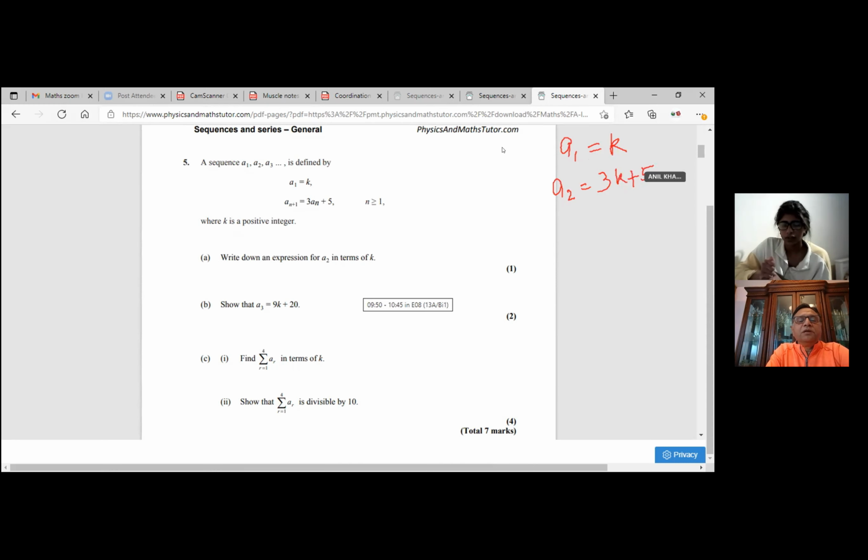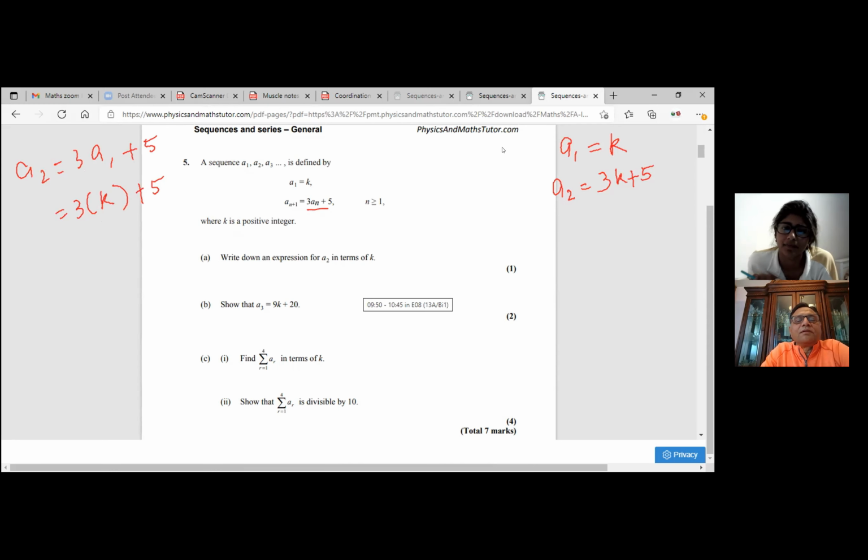We have used this formula. So a2 is equal to 3 times a1 plus 5, and a1 is k. So we'll write 3 times k plus 5. You subbed in a1 as n, so 1 plus 1 is 2. Could you go directly to it?